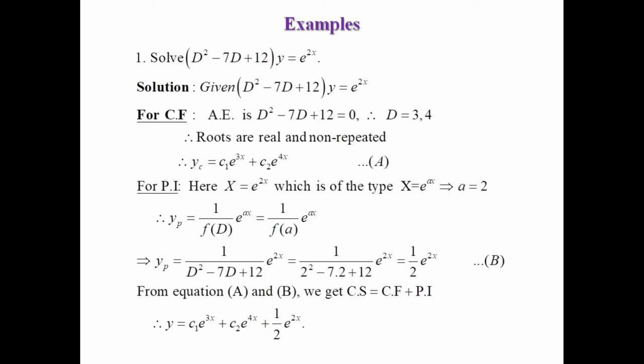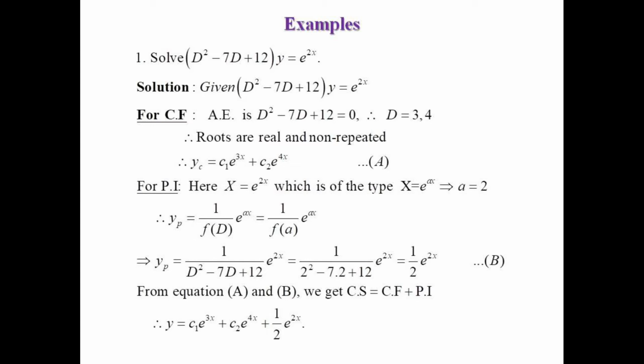If we compare this with the type X is equal to e raised to ax, which is our first type for finding the particular integral, then we get the value of a as 2. That means we can replace D by 2. According to the particular integral formula, 1 upon f of D e raised to ax is equal to 1 upon f of a e raised to ax. That means replace D by a.